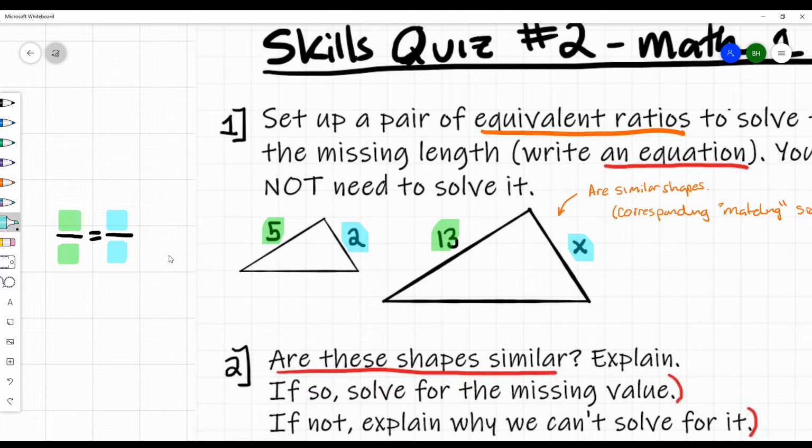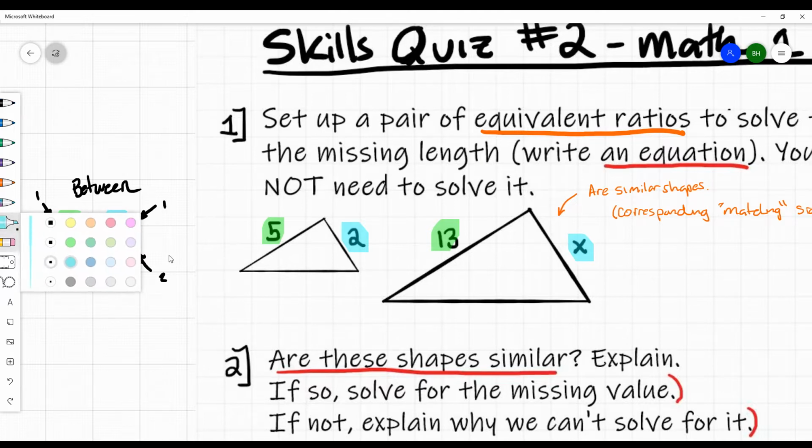Another way you can do this is just by using ratios within each triangle. So this is looking at between the shapes, right? We have one shape here, the second shape here, one shape here, the second shape here. So this is between. We're looking between the two shapes.